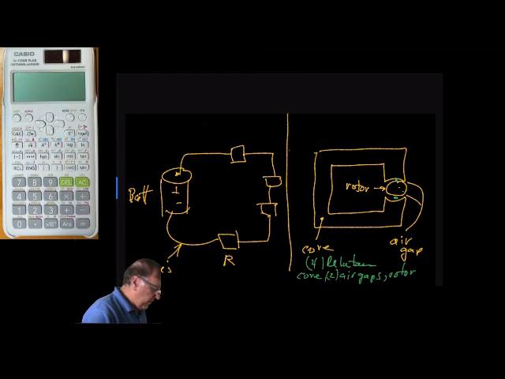If this is an electromagnet, we'll add our coil and current source.